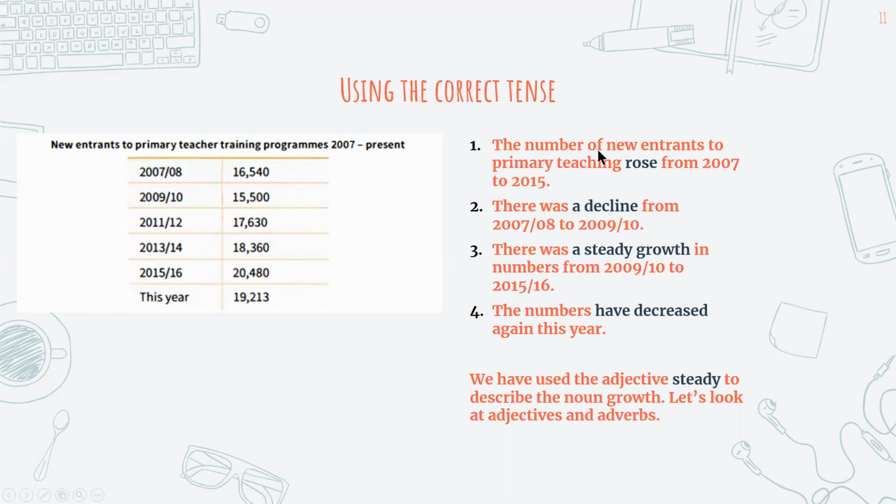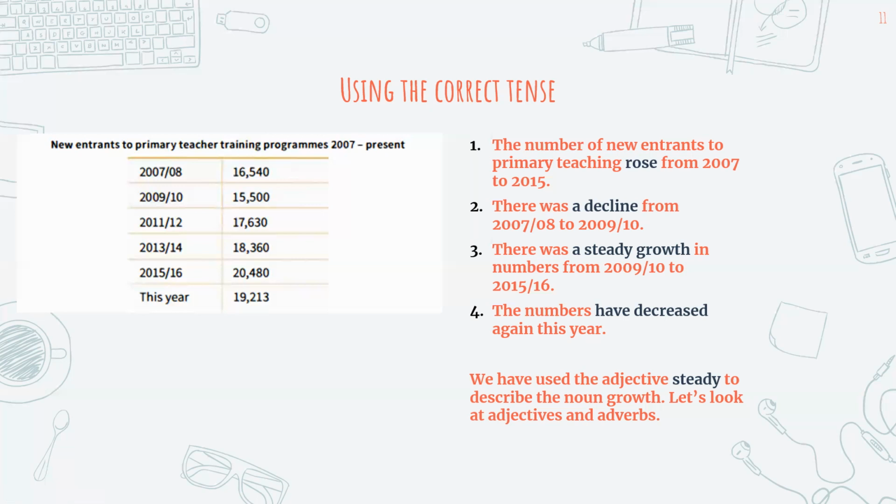The number of new entrants to primary teaching rose from 2007 to 2015. Rose, not has risen. There was a decline, so a decline can be used as a noun. There was a decline. There was a steady growth. Was, because it's about the past. It's something that happened in the past. It has no relation to the present time.